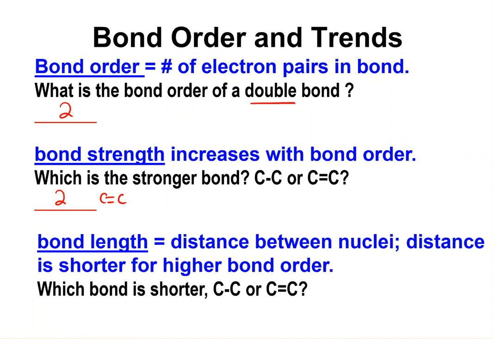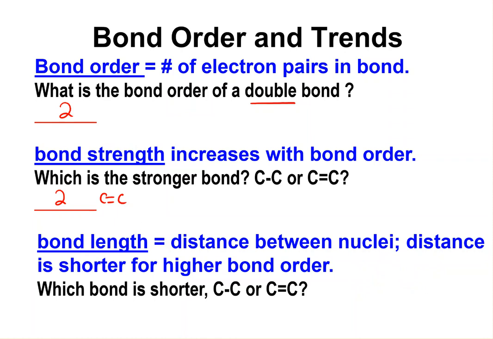Okay. Bond length. This one is not as obvious. Bond length is the distance between nuclei. In other words, if I have the 2 carbon atoms and I have their nuclei, what's the distance between those? That's a measure of bond length. And so how far apart are they?